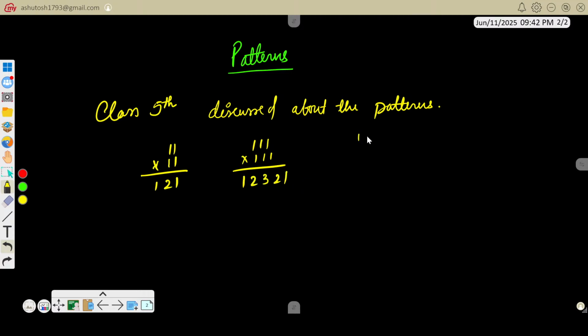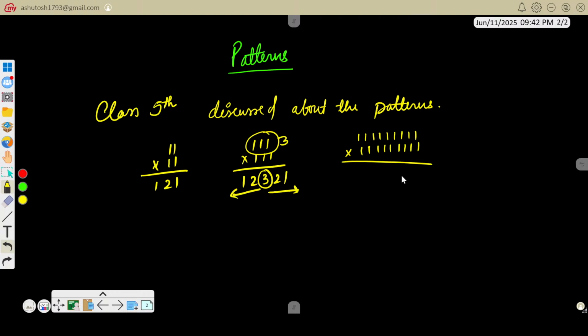Can you guess if I multiply 123456789 by 123456789? What will be the number? See, if we have three digits here, we get 3 in the middle, and the rest decrease to 1 on both sides.